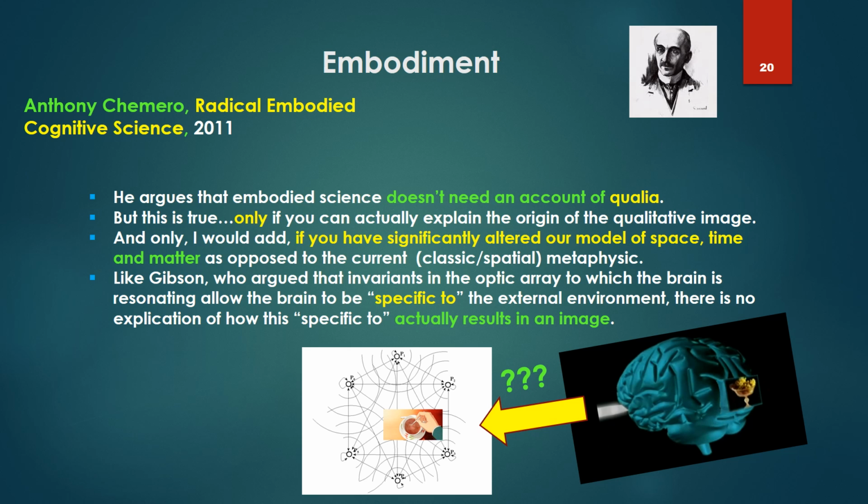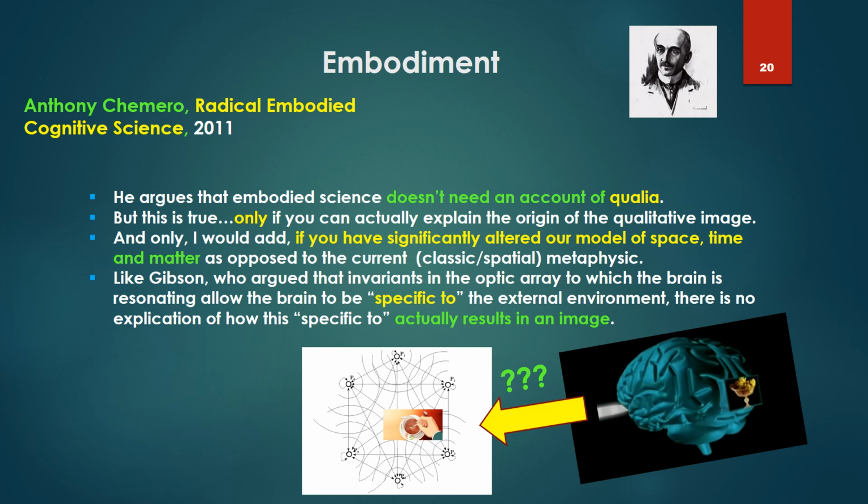You have to be moving into Bergson's temporal metaphysic, where you have indeed a qualitative field. So unless you're significantly and explicitly addressing a different metaphysic, saying you don't need a kind of qualia is rather without a whole lot of impact.